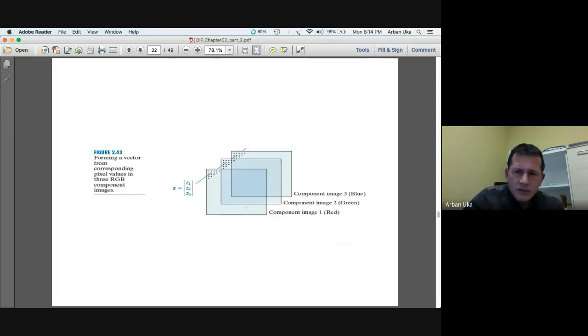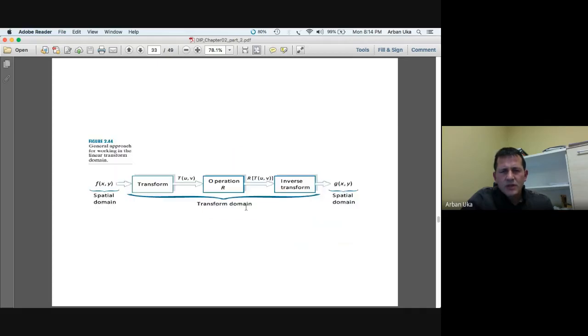Now, let's move a little further. Here, we just talk about the images that we can often obtain. They can be color images, and these color images are composed of 3 different layers, which are the RGB, the red, green, and the blue. Each value of red, green, blue comes up with a vector, okay, so the same location of the matrix is going to have different values.